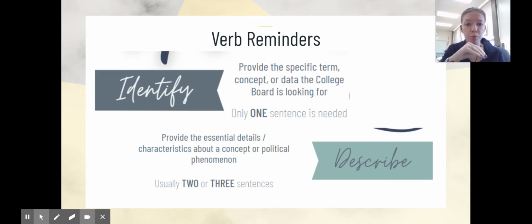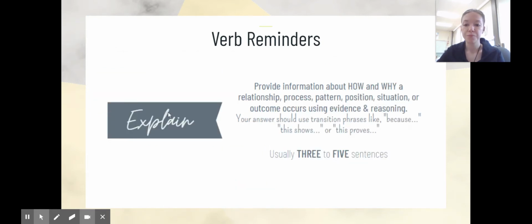It doesn't have to be super long, but remember, you're going to want to support everything you can with evidence and examples. I would say the only time you're not going to do that is for the identify. So give a general description when you're describing, define major terms, and then support that with evidence, details, and examples, because that will make your answer that much stronger.